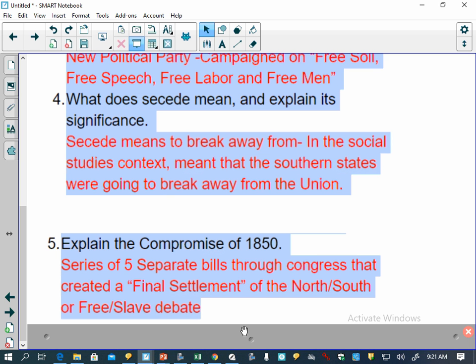And I use the word final settlement there in quotation marks because, as we know, about a decade later, we would still be debating over North versus South and free state versus slave state. And then up to 14 years later, we'd still be fighting in the Civil War, fighting over free states and slave states.